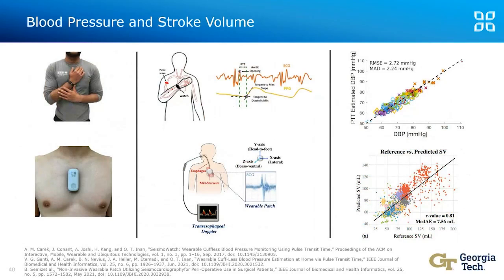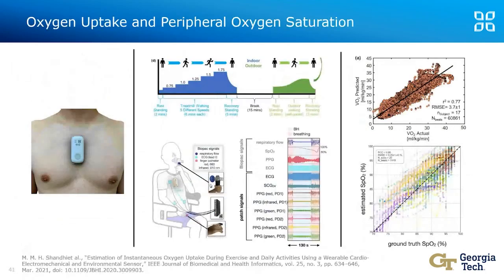We've done a lot of work also in hemodynamic monitoring that I'm not going to get into in that much detail, but quite a bit of work on trying to estimate trending in blood pressure with wearable devices, as well as trending in stroke volume that we've done in collaboration with clinicians. One of the things that I think is very important is oxygen uptake and peripheral O2 sat measurements with these sorts of wearables. And again, every time we get into these sorts of problems, we're humbled by how difficult things actually are. There are many devices out there that will give you estimates of VO2 or energy expenditure.